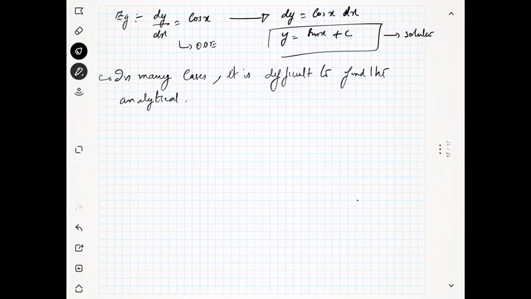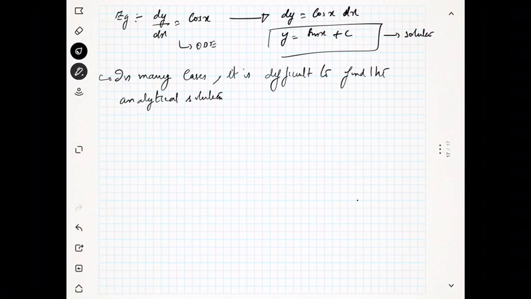Analytical solution means that by using direct integration, without any numerical values, we find the general solution of the differential equation, and by using the initial values we can find the constant c.